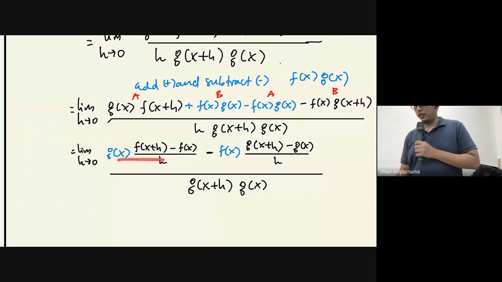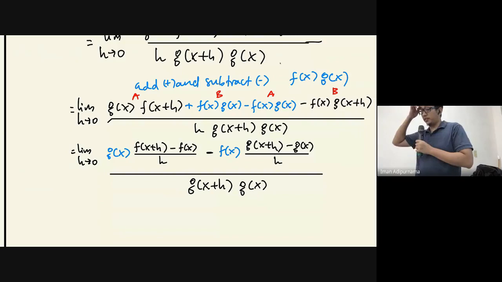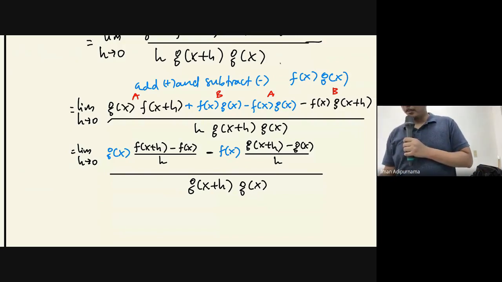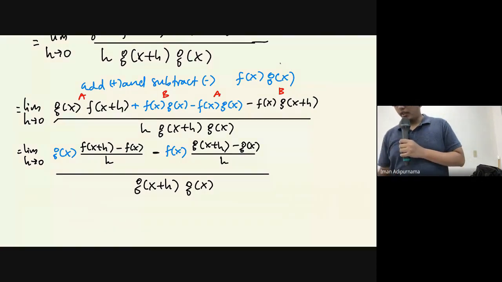It's actually like a long line h like that, but I'm separating the rational functions. So you can see that the first one here is f prime, and the second one is g prime.